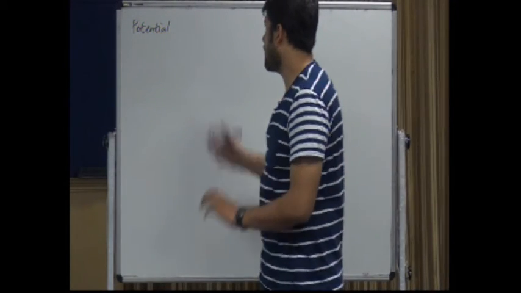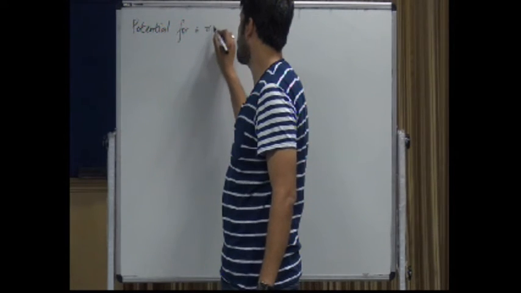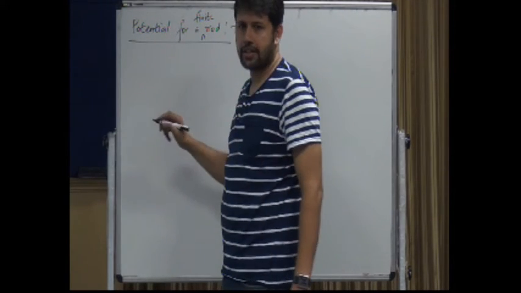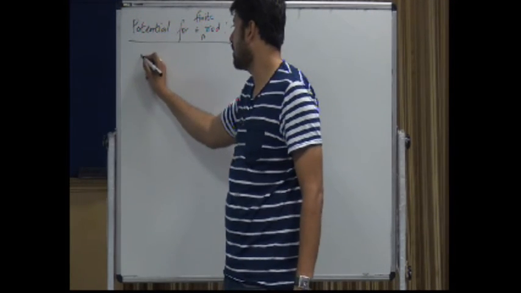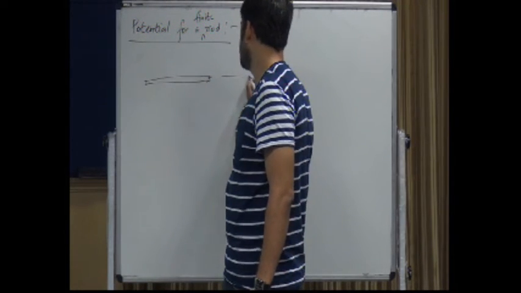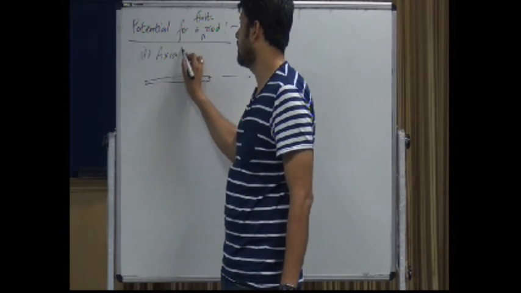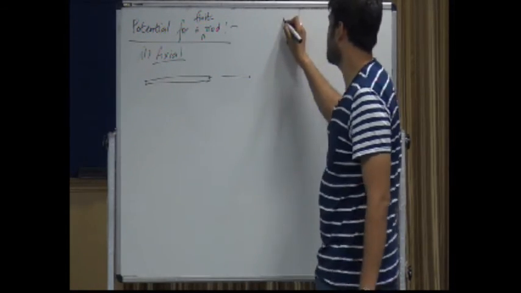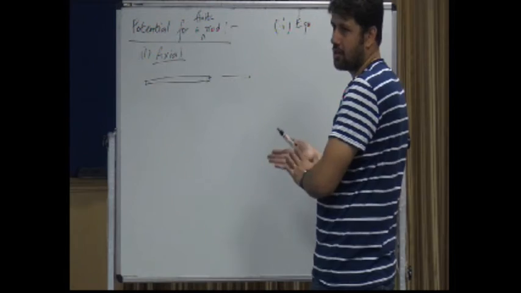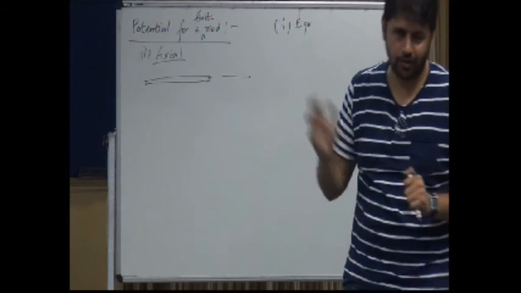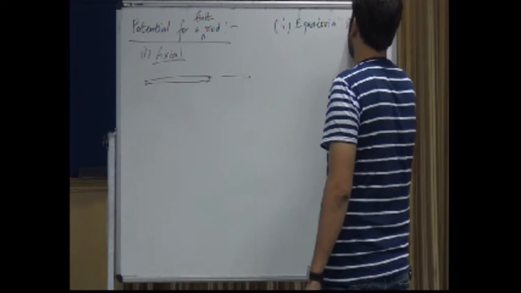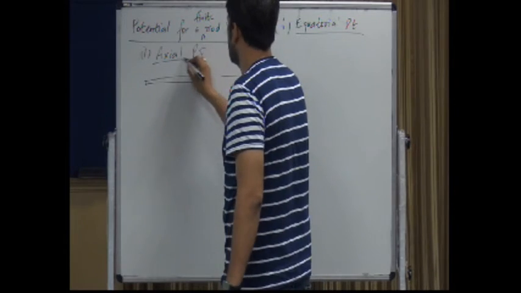Let's first find for a finite rod, it's not infinite, and we are taking an axial point. First one is the axial point. Second would be what? Equatorial point. You can solve it on your own, I'll just explain how. This would be homework, you can call it. Equatorial point, this would be axial point.